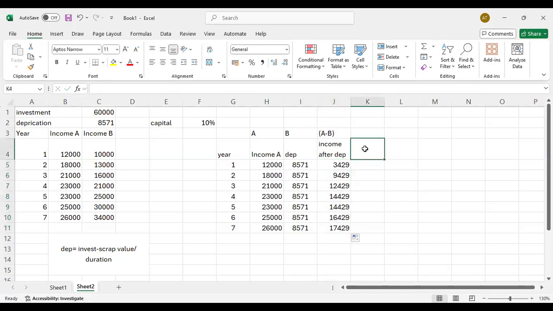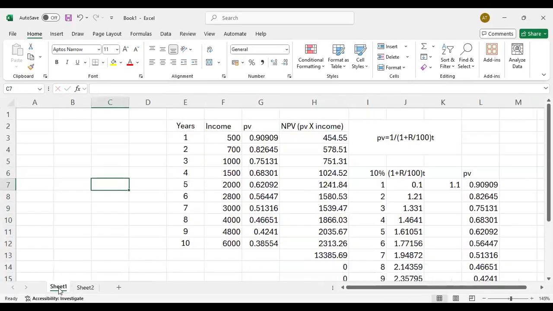Then I have to apply the PV factor at 10%. So let's go to the previous sheet. We'll take the direct values for year 1, 2, 3, 4, 5, 6, and 7.